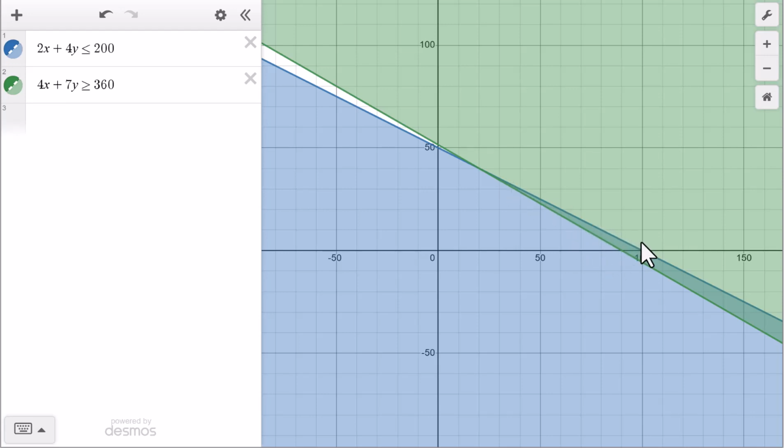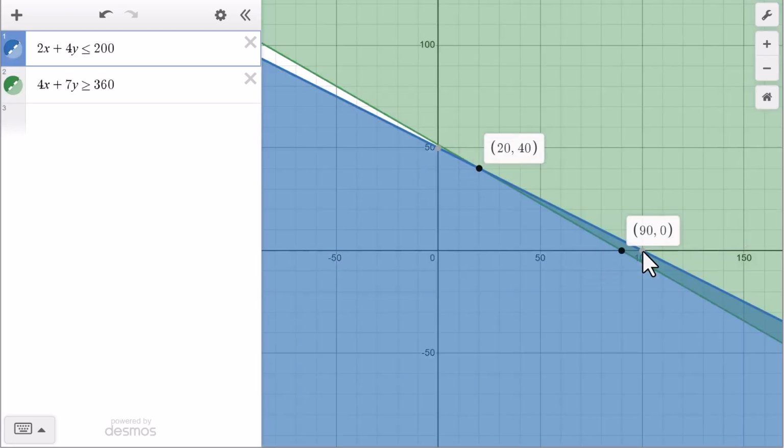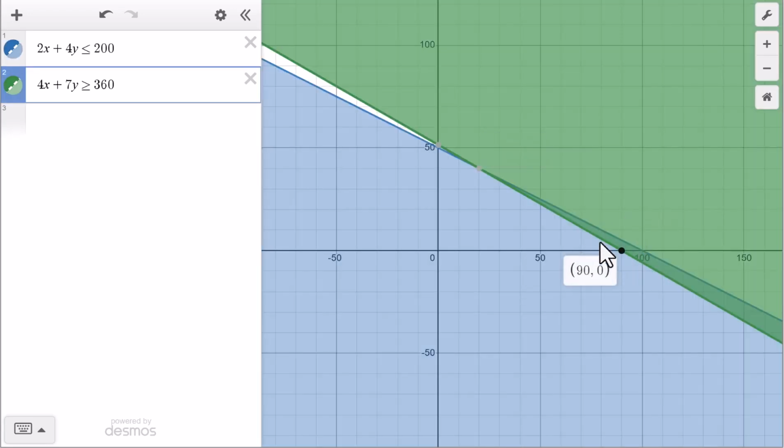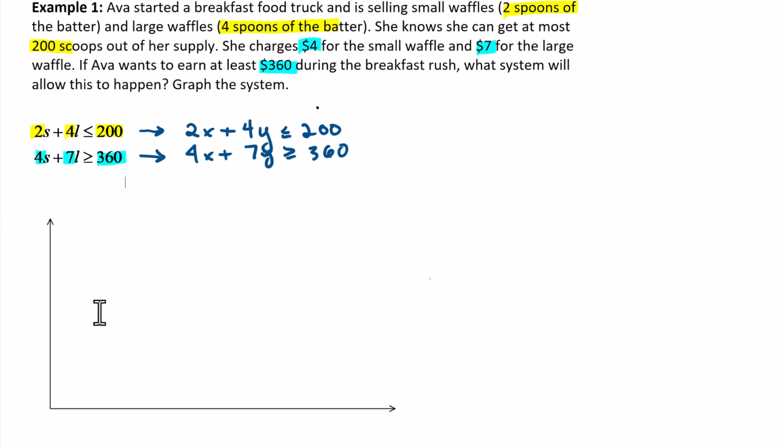So just keep that in mind. So I can click on these intersection points, these areas of interest, and I can see that these intersections are where I'm bounded. So now let's go back to the graph paper, and I'm going to quickly sketch this and then I'll come back to you.